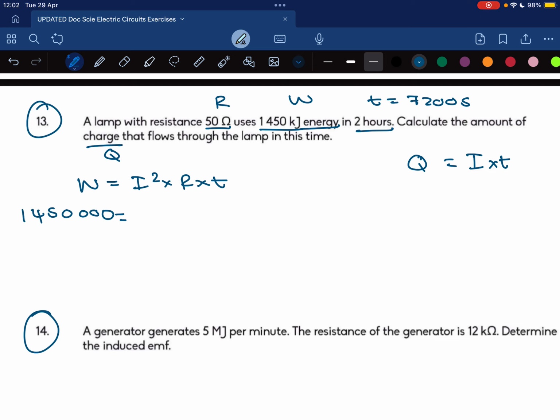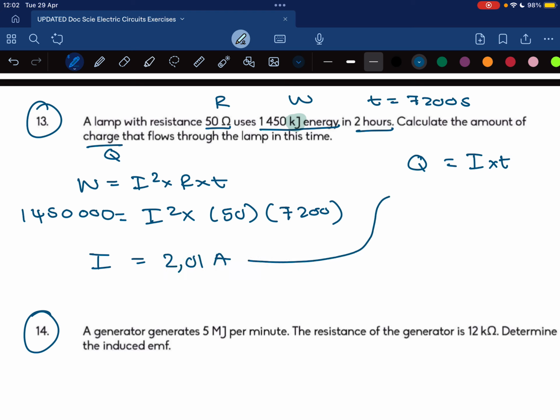Please don't forget to convert. It's very important. I'm going to make a little highlight here that it's kilojoules. I squared times R, which is 50 ohms, times the time, which is 7,200 seconds. So we'll put that all in the calculator, and we'll get I is equal to 2.01 amps.